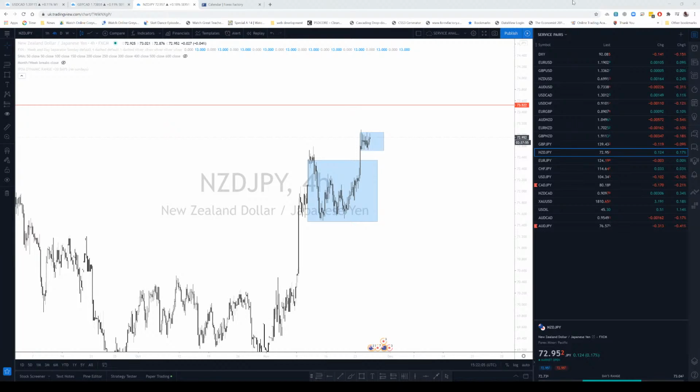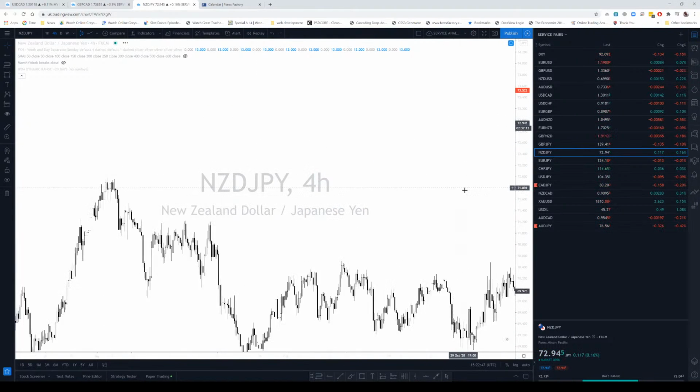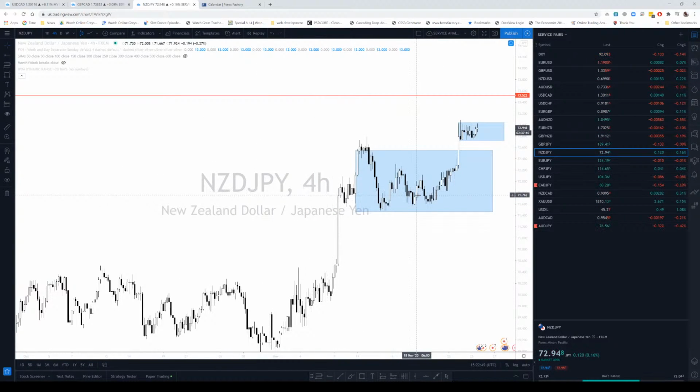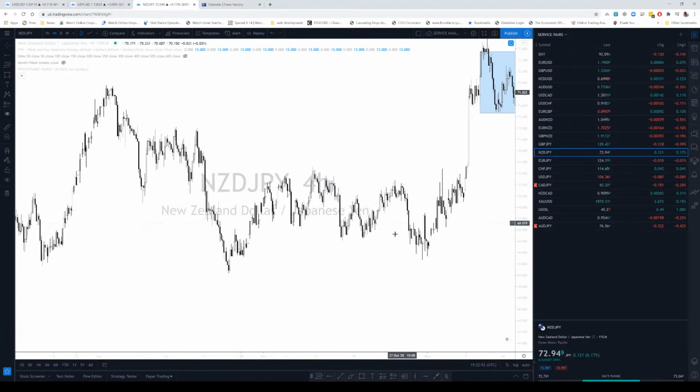It's manipulated when it gets to high time frame levels, because that's where the accumulation happens. So look at this level here.